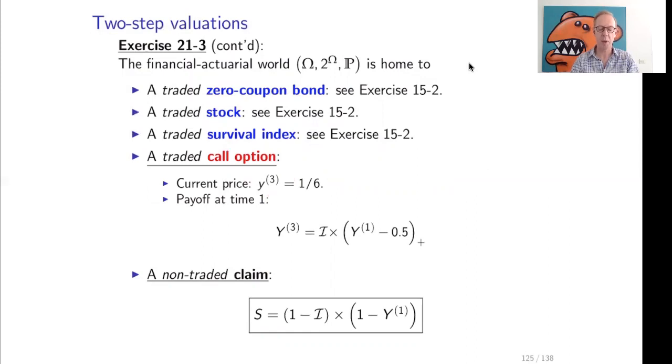Its payoff at time 1 depends on the survival index and on the performance of the stock market. It is Y3 equal to I times (Y1 minus 0.5) plus. So it is 1 in case many people survive and the stock market goes down, and it is 0 in any other case. And then there is a non-traded claim S again, which we want to value in this extended market.